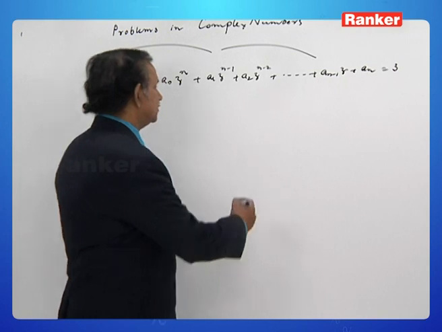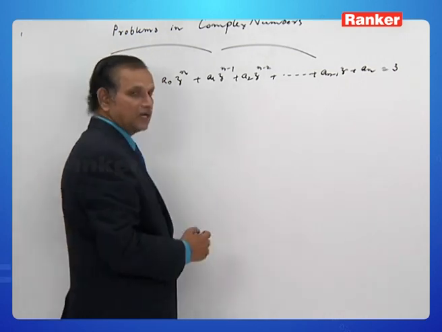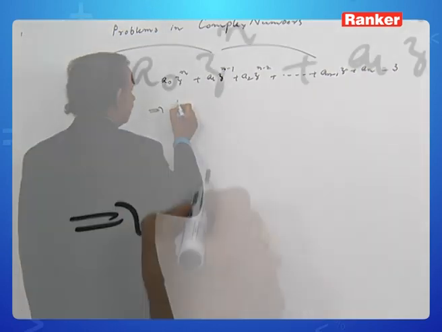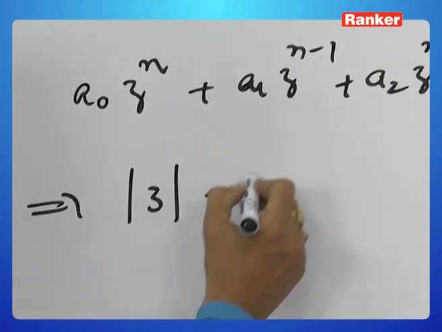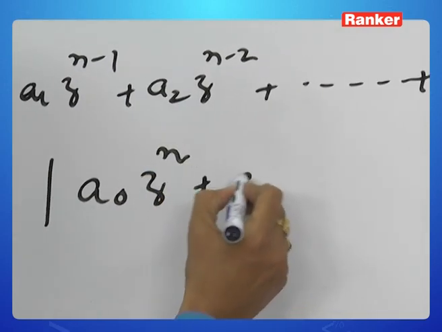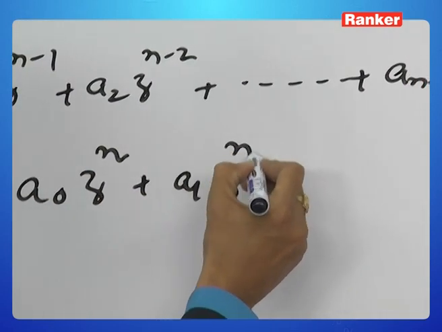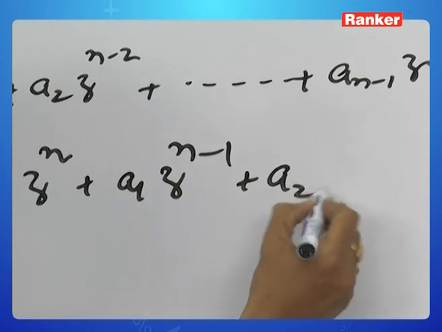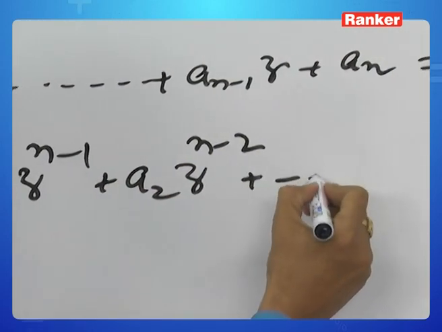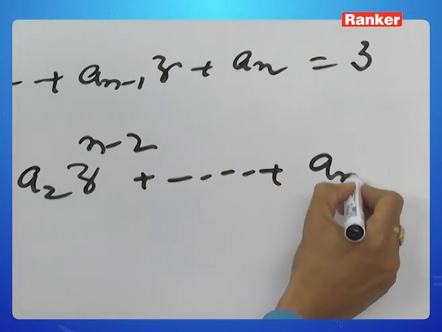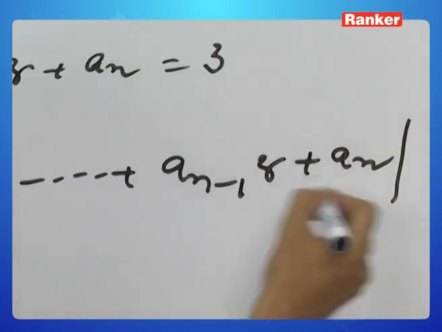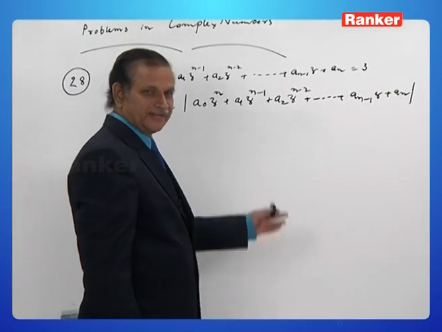Let us see. You are taking absolute values on both the sides. What are you having? |3| is equal to the modulus of the left side. How could we get this step?